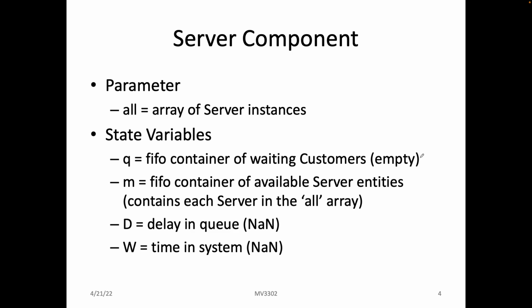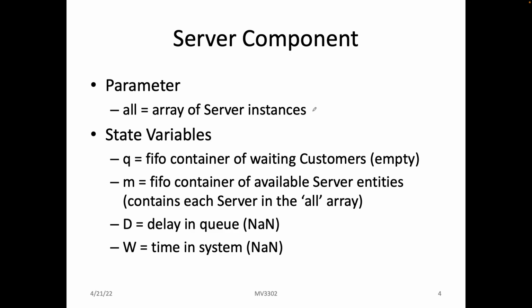Okay, so let's look at the server component. And so now we're down to just one parameter, and it's going to just be an array of the server instances. So remember, the parameter is something that doesn't change. In this model, we're not worried about things like failures or breaks.